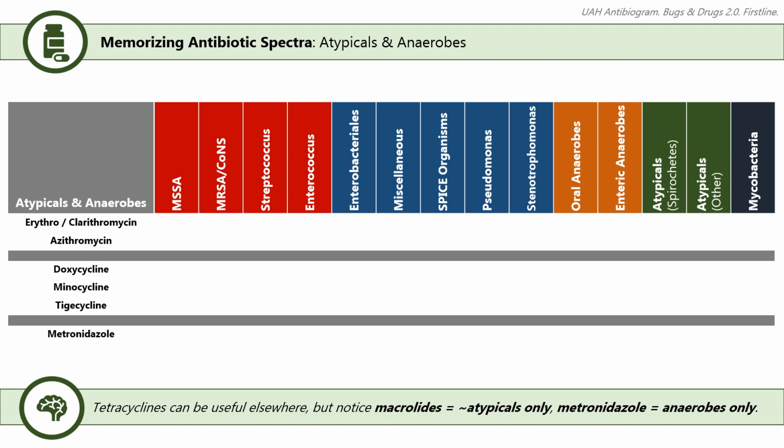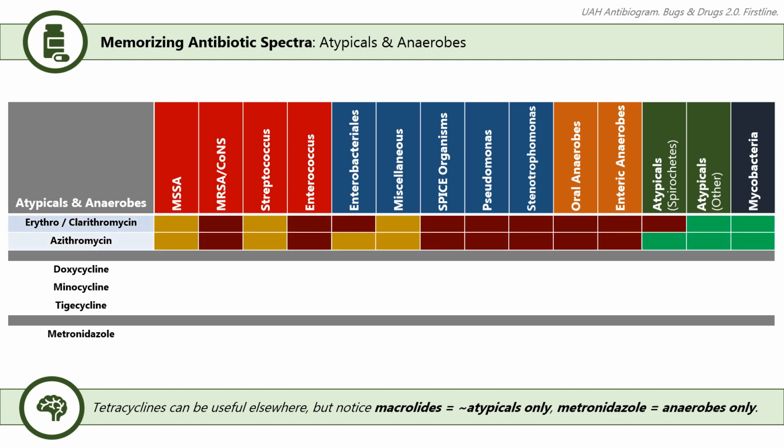The last small group of antibiotics are specialized against atypicals or anaerobic bacteria. Macrolide antibiotics, including the prototypical erythromycin, clarithromycin, and azithromycin, have various unreliable activities against several organisms like MSSA, Streptococcus, and miscellaneous bacteria, but none strong enough to justify solitary treatment.